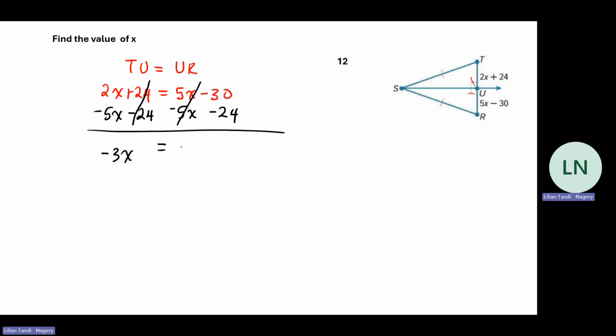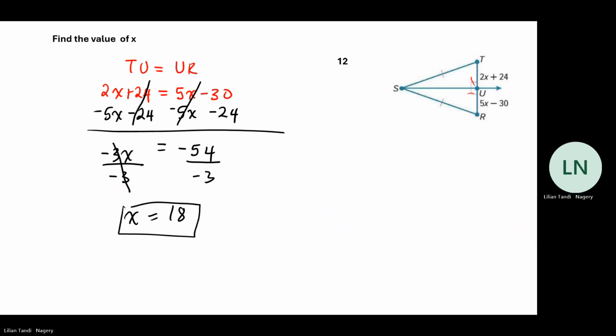This goes away and I get negative 54. I divide by negative 3 on both sides. X is equal to, not negative, because a negative divided by a negative is a positive. So what is 54 divided by negative 3? 54 divided by 3 should be 18. So x is 18. And I box my answer. Okay. All right, so let's move on.